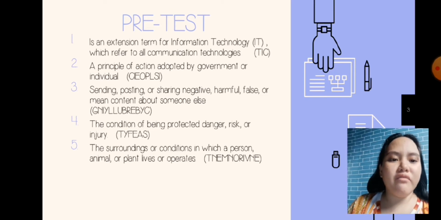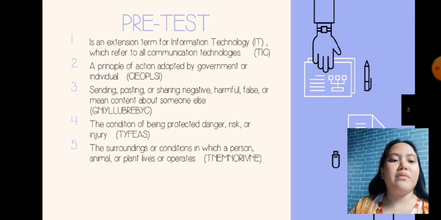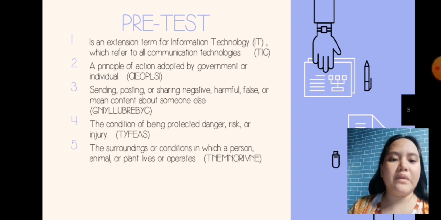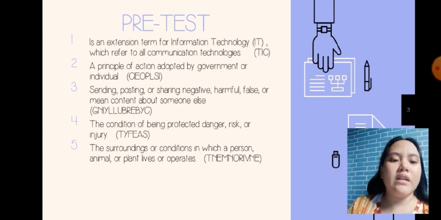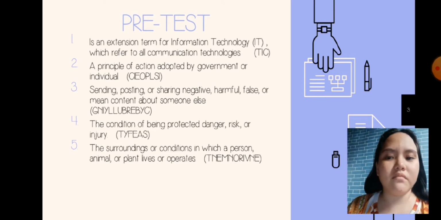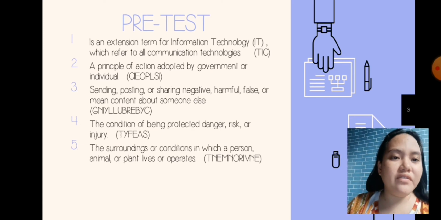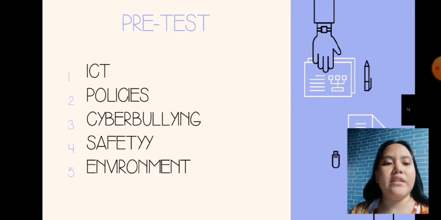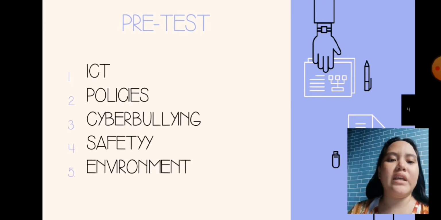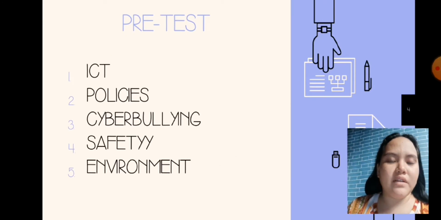The condition of being protected from danger, risk, or injury. 5. The surroundings or condition in which a person, animal, or plant lives or operates. So if you are finished, the answers are ICT, policies, cyberbullying, safety, and environment.